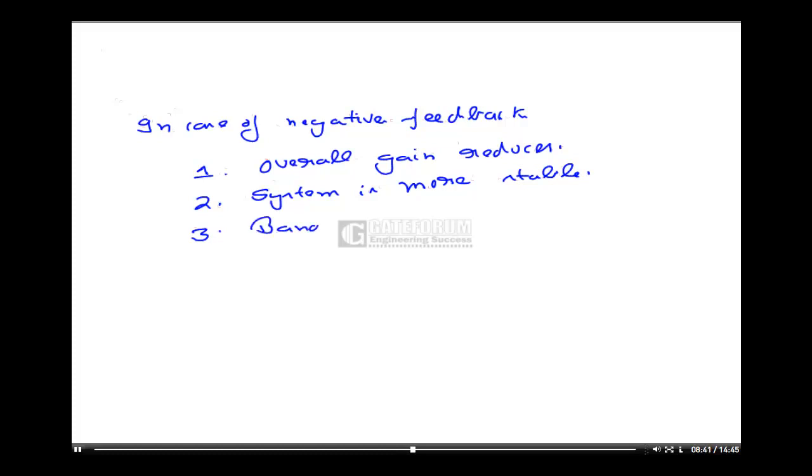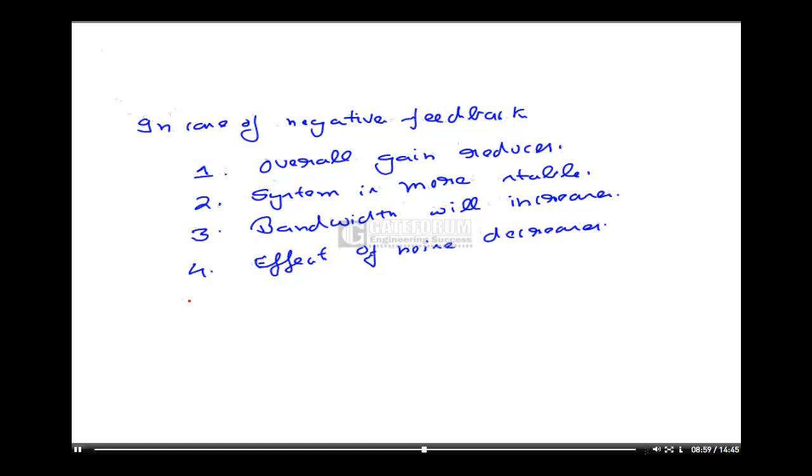Since gain reduces, bandwidth will increase. Effect of noise decreases. Okay. It becomes less sensitive. Okay. So these are the 4 effects of the negative feedback system.